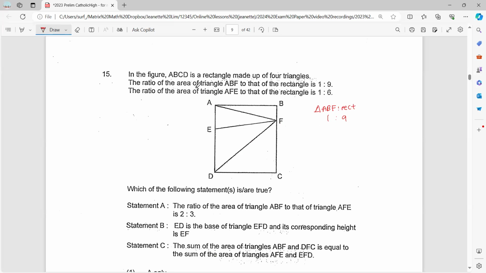Okay, then the ratio of the area of triangle AFE, this one, to the whole rectangle is 1 to 6. So AFE to rectangle is 1 to 6.